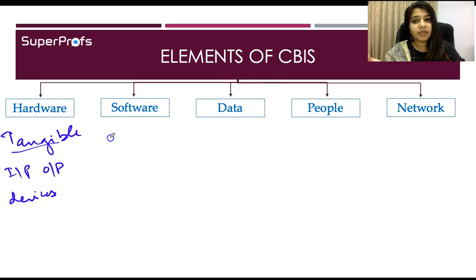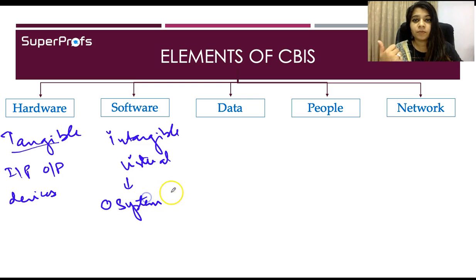Software will be the intangible or the virtual. For example, you have operating system. All right. I'm just quickly covering so that you can revise them, but otherwise we have already covered these elements. Data is obviously the information part.